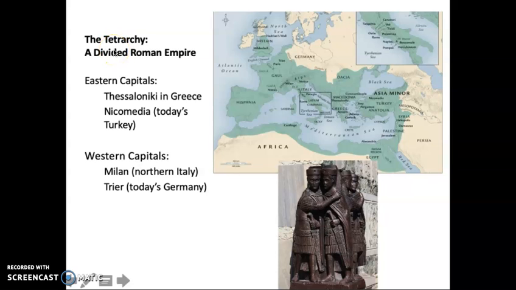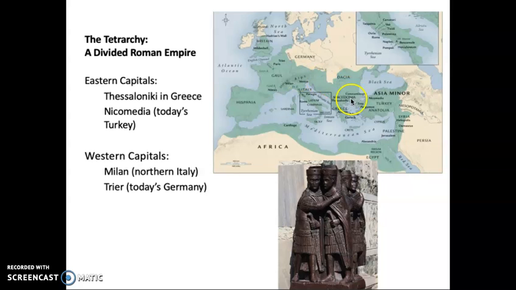So there are going to be 4 rulers working together, and there are going to be 4 capitals. There will be 2 in the east and 2 in the west. Rome will not be the capital. And this is a way to manage the borders, as there are problems at the borders, skirmishes with immigrating groups referred to as barbarians that we'll be looking at next.